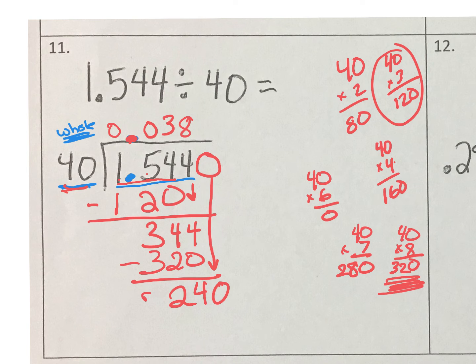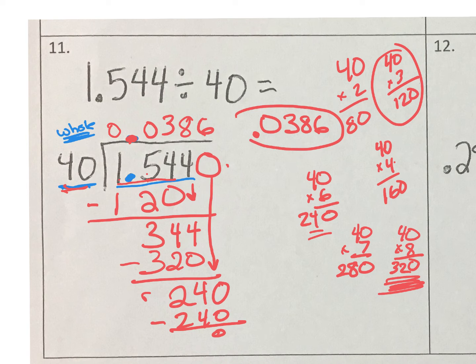And I'm trying to get it exactly 240. Oh, there it is. That's exactly it. So if I do a 6 here, 6 times 40 is 240. Subtract that out. That's 0. I don't need to put another 0 because I have a 0 here. And so my answer is 0.0386. And I circled that.